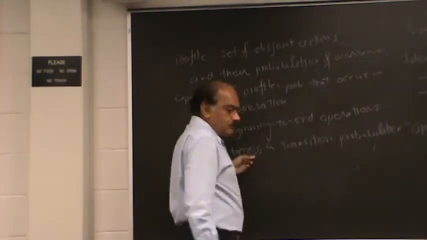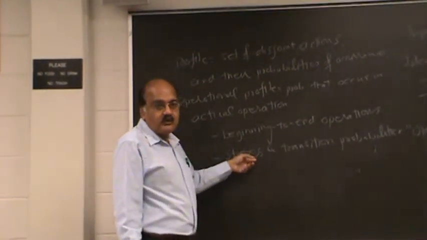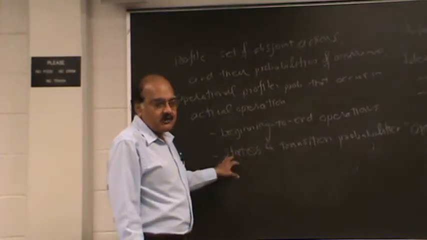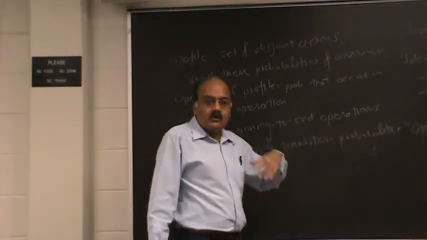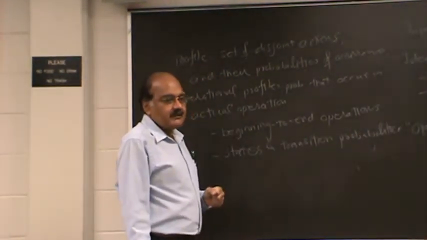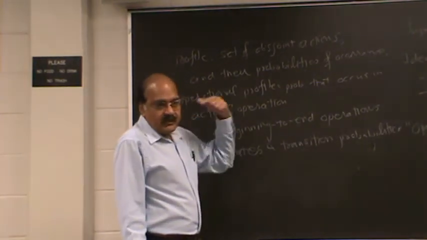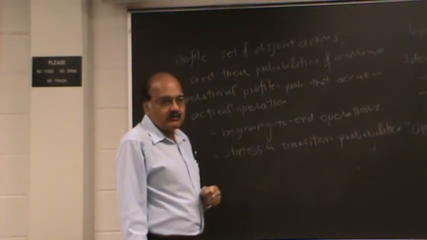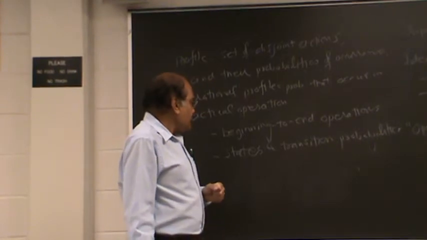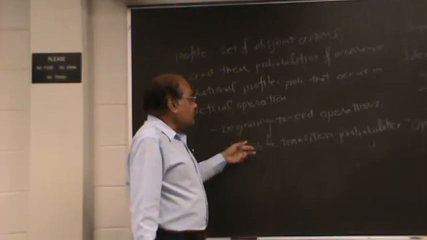So in this case, basically this would look like a Markov representation. So you have a number of states the software goes through, or rather the state diagram, like the finite state machine, and you have the transitions, and you calculate the probabilities of transitions.